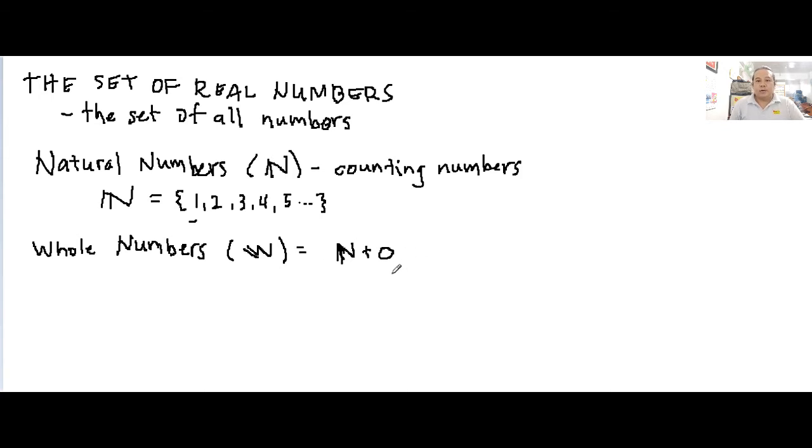So the set of whole numbers is equal to 0, 1, 2, 3, 4, 5, and so on. So basically, it's just the set of natural numbers and you add 0.